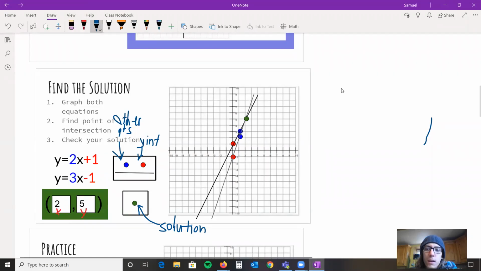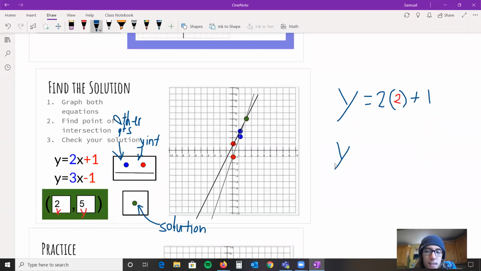So let's do that real quick. Y equals 2 and then times x. But instead of x, I'm going to substitute my 2 in. And then plus 1. That's the first equation, right? And then I have to check both. It has to work for both equations. Otherwise, it's not a solution.